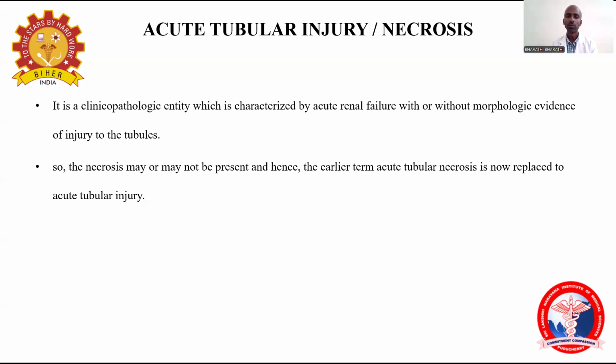So the necrosis may or may not be present, and hence the earlier term acute tubular necrosis is now replaced by acute tubular injury.